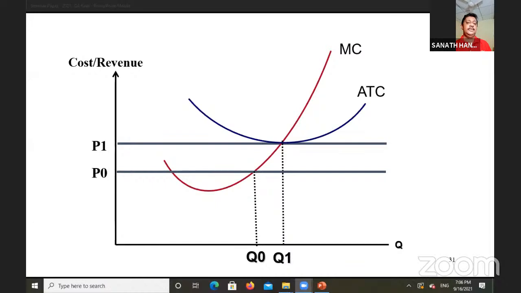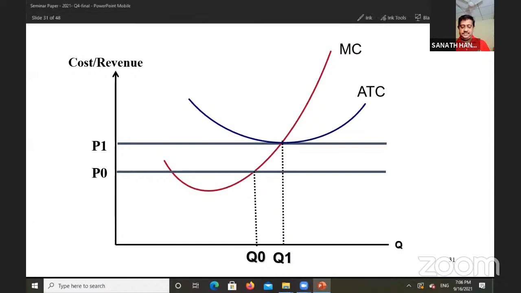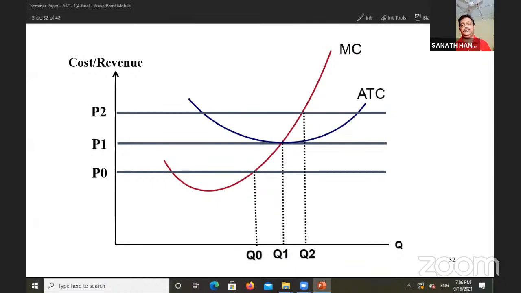Assume the price of this product is P2. If the price is P2, how is the profit level? You can't just say economic profit. We are talking about economic profit, but there are different types of economic profit now.